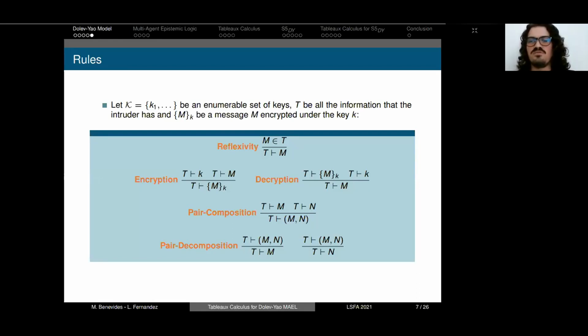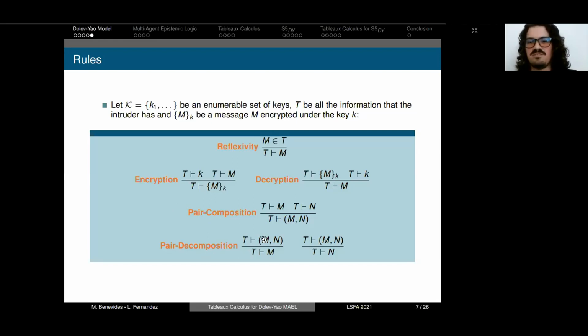Some try to also use computational cryptography, a more algebraic approach, but these rules are not in Dolev-Yao's paper, but we can easily formalize if we consider a set of keys and denote the encrypted message just like that, using brackets and the key that can be a shared key between two users instead of functions for the encryption and decryption.